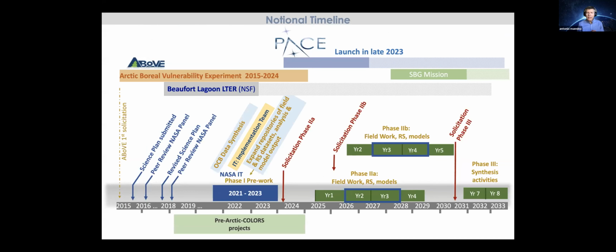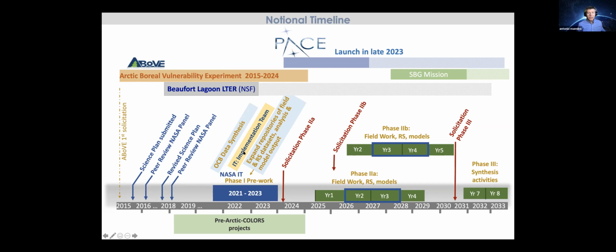You saw a version of this slide with Ann Kellerman's presentation on Monday. This is just a little bit more comprehensive to put things into context. So we're basically here now with this OCB, OBB data synthesis activity. Again, an implementation team should be established within the coming 6 to 12 months to develop that.